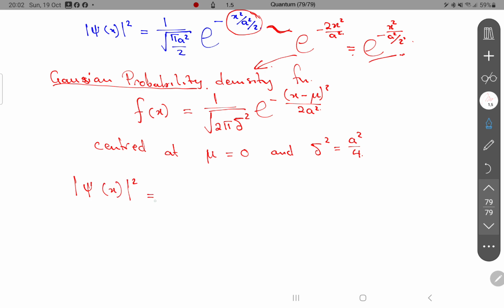is going to be 1 over the square root of 2 pi.